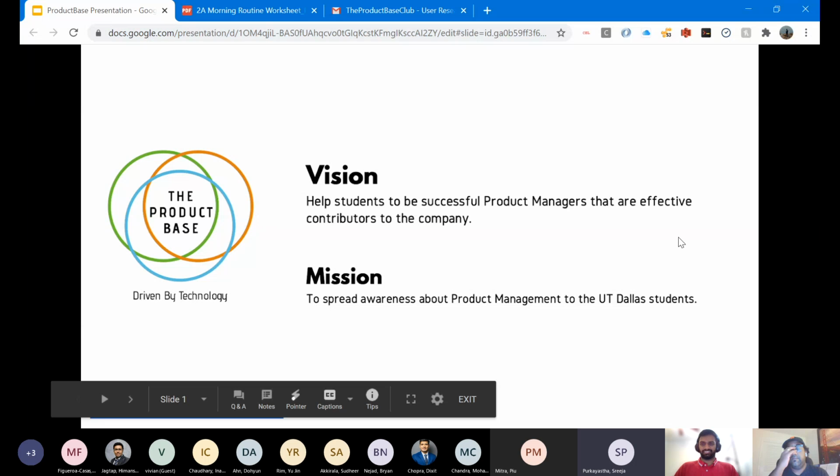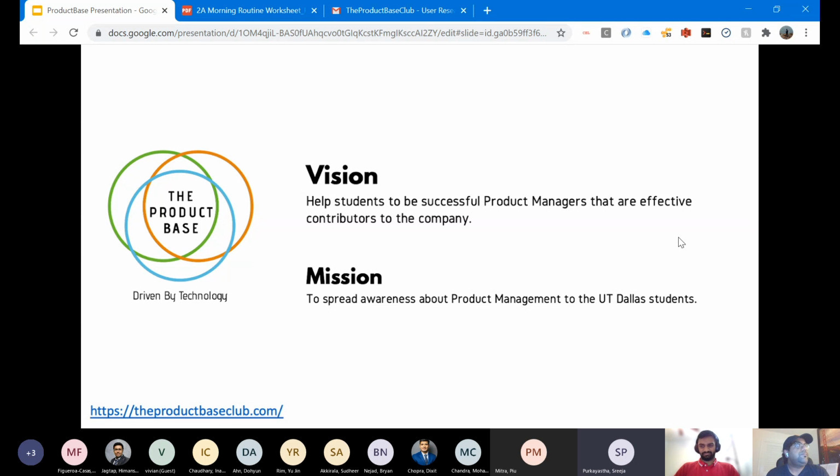Yes. So I just want to talk to everyone about who we are. We are the Product Base, and what we essentially do is help students from UTD and students from outside become familiar with what it is to be a product manager. The main idea is for you to be able to contribute very well to your organization once you're a product manager there.